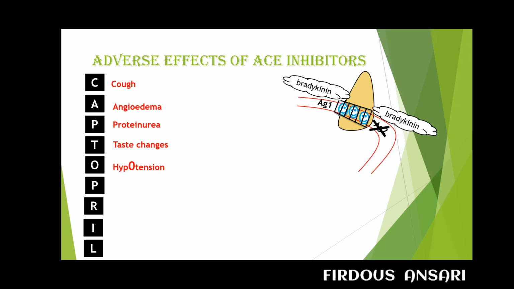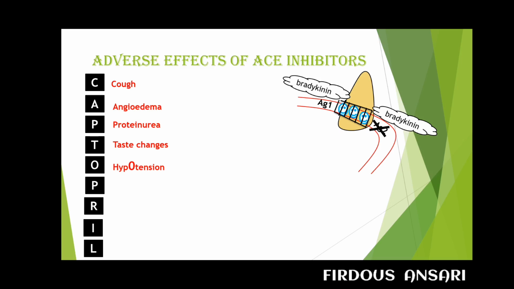Next problem is hypotension. Normally, when we are inhibiting angiotensin converting enzyme, the angiotensin 2 level will be reduced. Normally angiotensin 2 favors inhibition of renin release. But when angiotensin 2 is not available, renin will be continuously released, and there will be increased plasma renin activity.